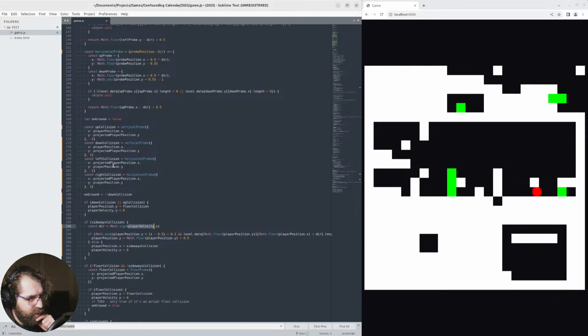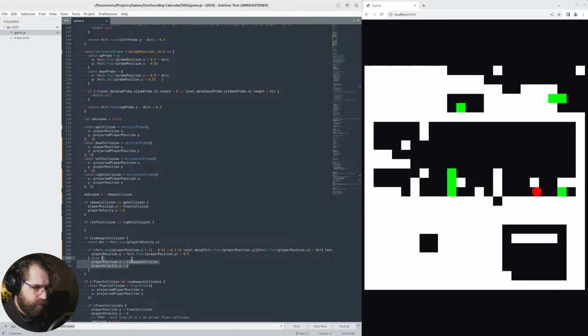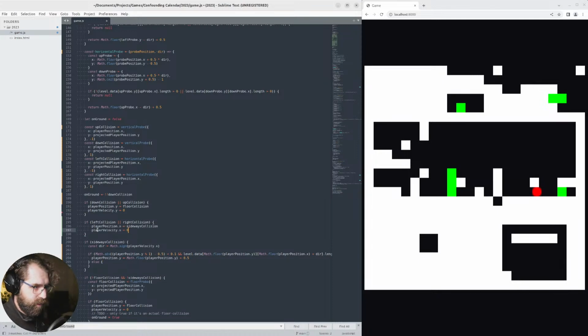These can both happen, but I don't know if I care, but whatever. Okay, so if left collision, let's just keep it consistent with the up and down collisions. If either of those conditions is true, we do this.